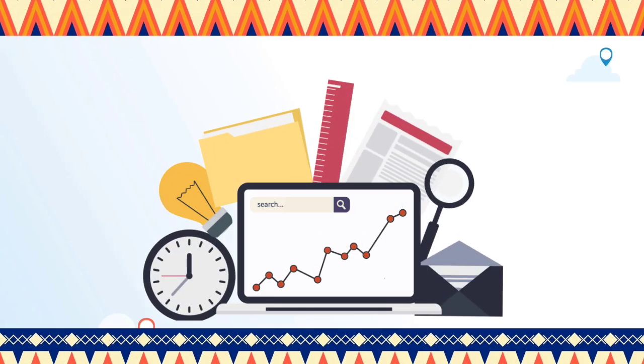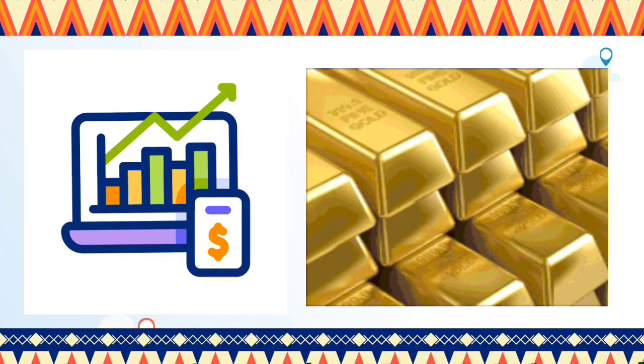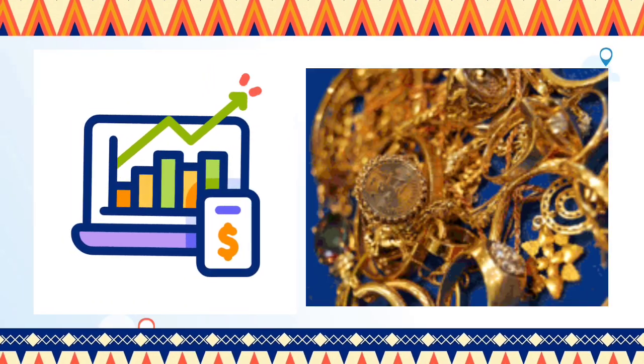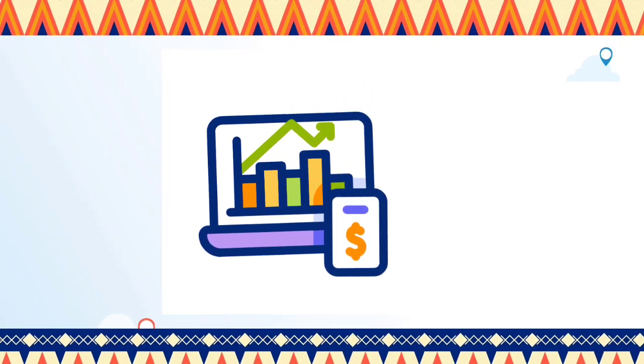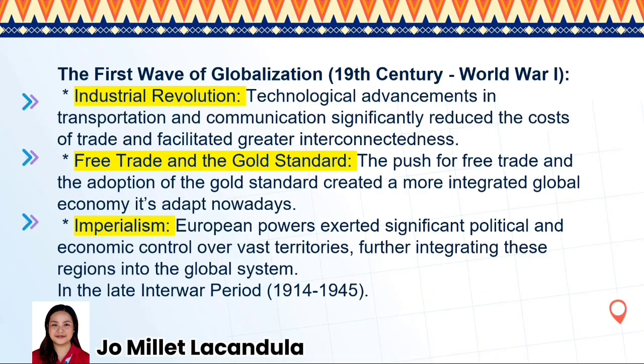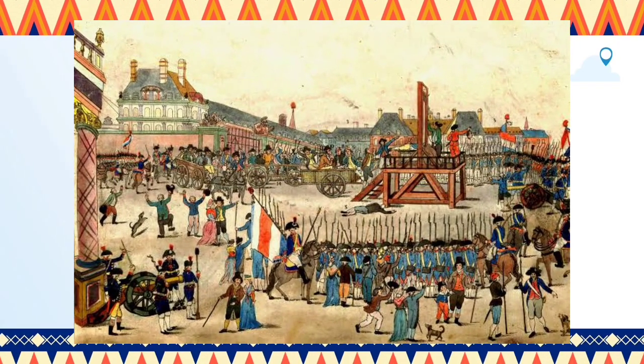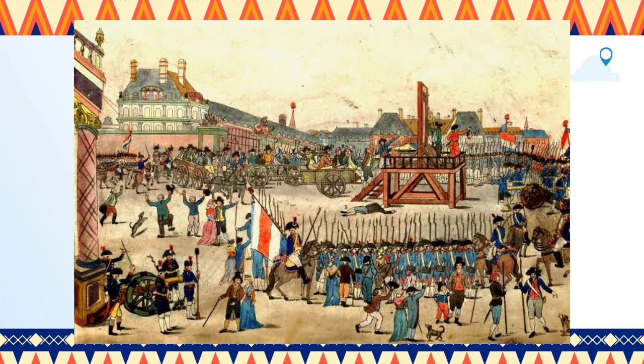Simultaneously, the push for free trade and the adoption of the gold standard fostered the creation of a more integrated global economy, laying foundations for the economic structures that we recognize today. Additionally, European imperialism exerted extensive political and economic control over vast territories, further incorporating these regions into the global system. This wave of globalization set the stage for the interwar period during 1914 to 1945, a time of transition and redefinition in global relations.